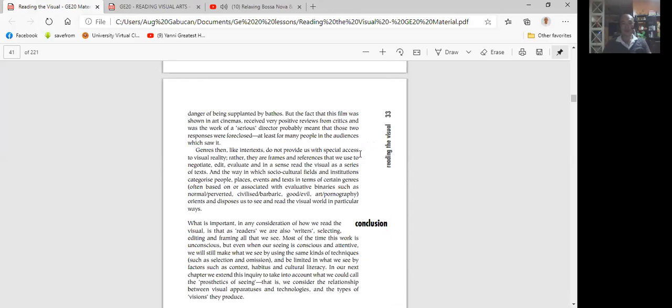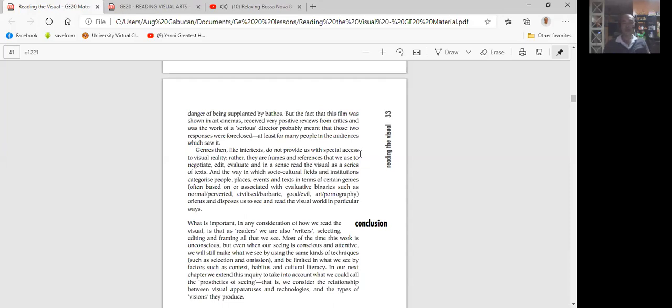And the way in which socio-cultural fields and institutions categorize people, places, events, and text in terms of certain genres, which are often based on or associated with valuative binaries such as the normal or the perverted, the civilized or the barbaric, the good, evil, art, pornography, this kind of genres, they orient and dispose us to see and read the visual world in particular ways.